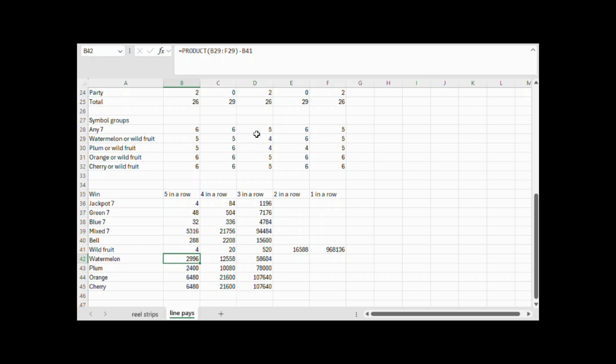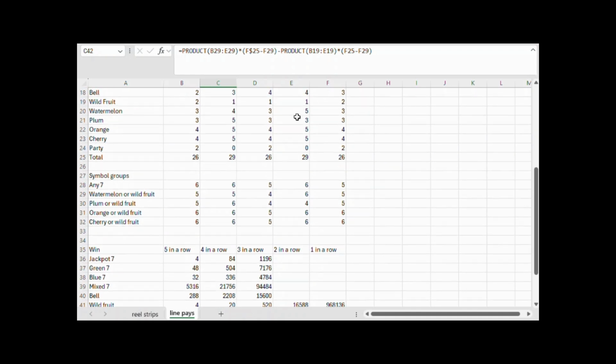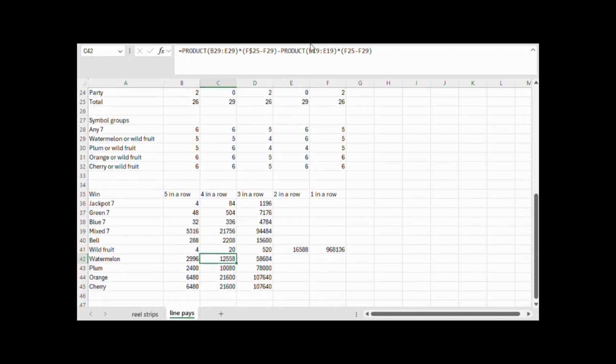And next, let's put in some dollar signs, so when I copy and paste that down, the formulas will still work. So any place, let's see, yeah, 19 is an important row we don't want to mess with, as well as 25.